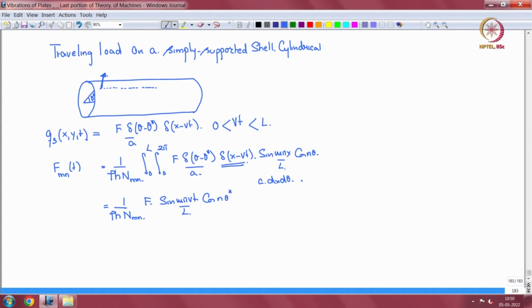So that is with set 1. Similarly, you will have one with set 2, which is 1 over rho h N mn, F sin m pi Vt by L, sin n theta star.